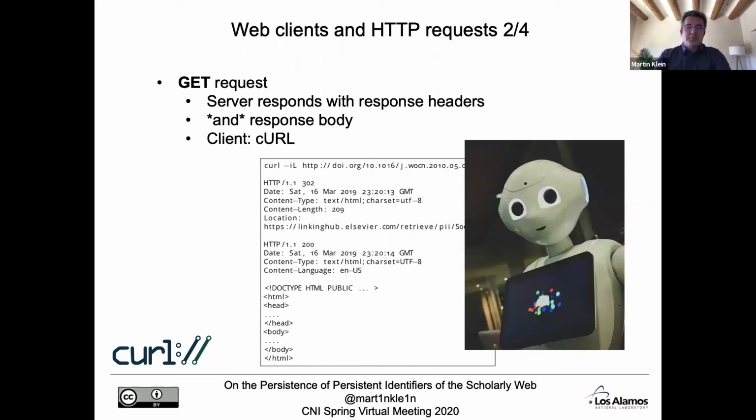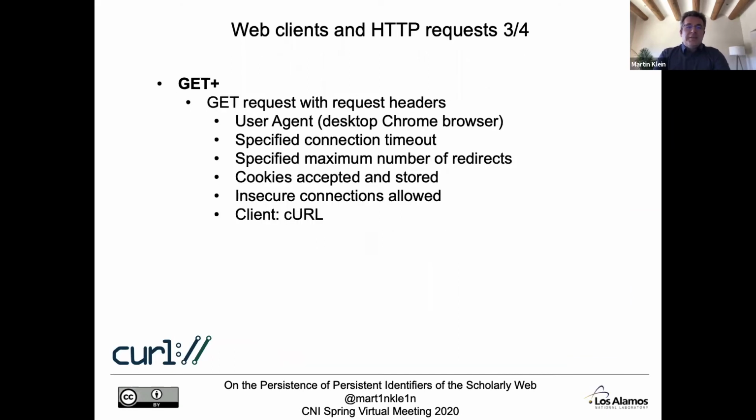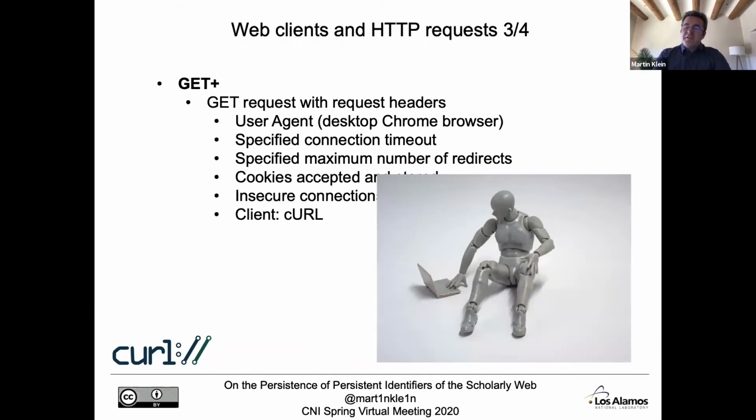Our third request is an enhancement to the second one, actually. It's again a GET request. It's again with curl, but we do enhance our request with a number of optional parameters. For example, conveying who we are in terms of a user agent, accepting cookies, and so on and so forth. So that is a little bit of a hybrid between the two, but it still more closely resembles a machine crawling the web than it does a human.